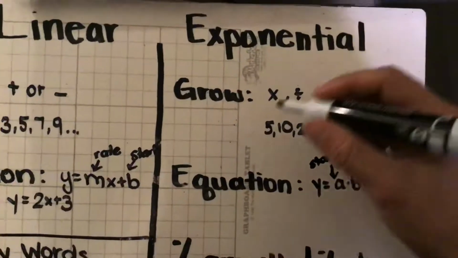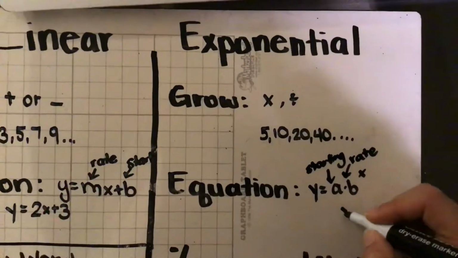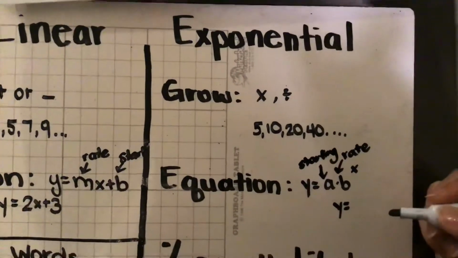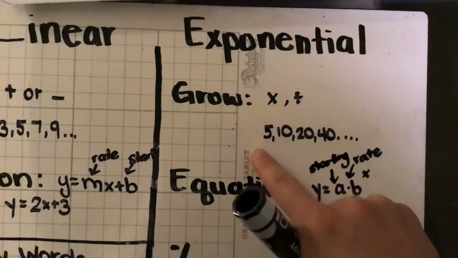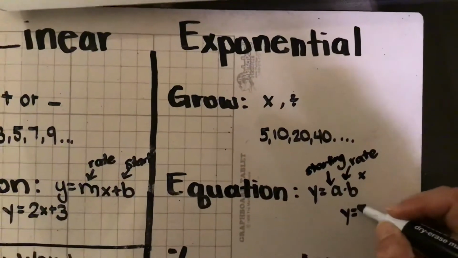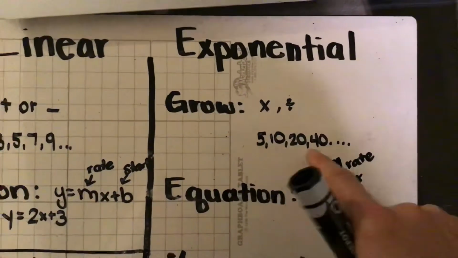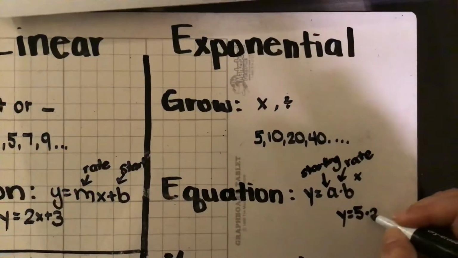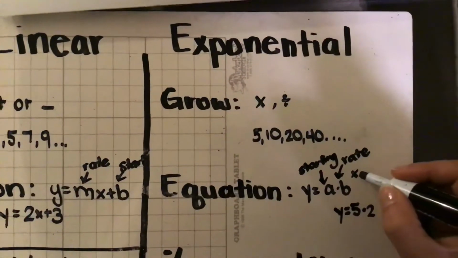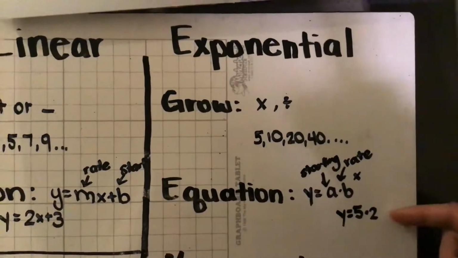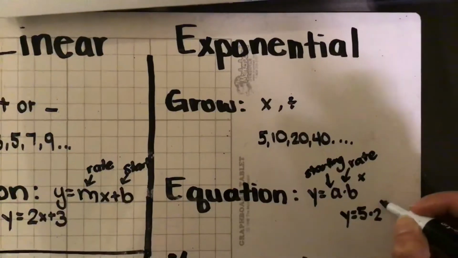So for this special equation here, I would get y equals my starting number, which is 5. Number 5 is my starting. I'm going to be multiplying each of these by the rate, which was multiplying by 2 each time. And something faster than multiplying 2 times 2 times 2 is raising it to the x power.